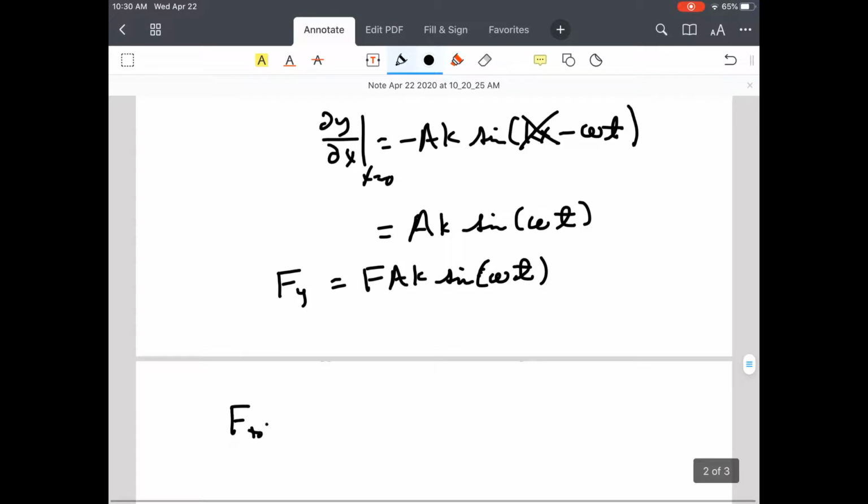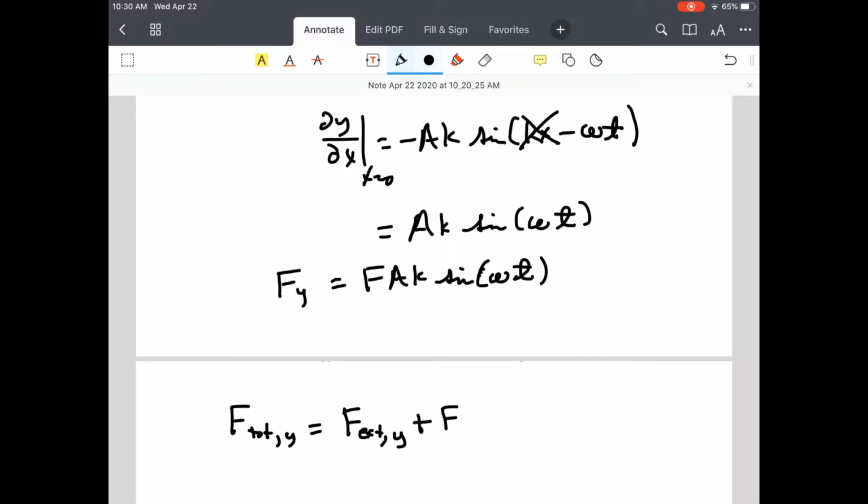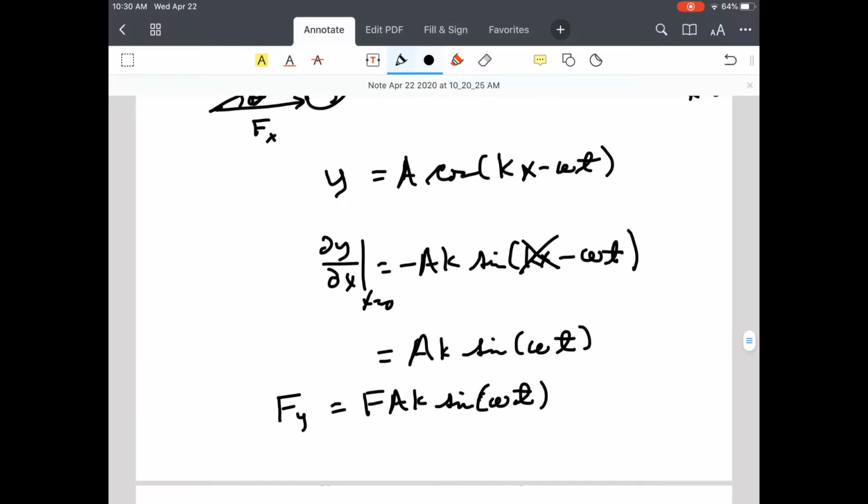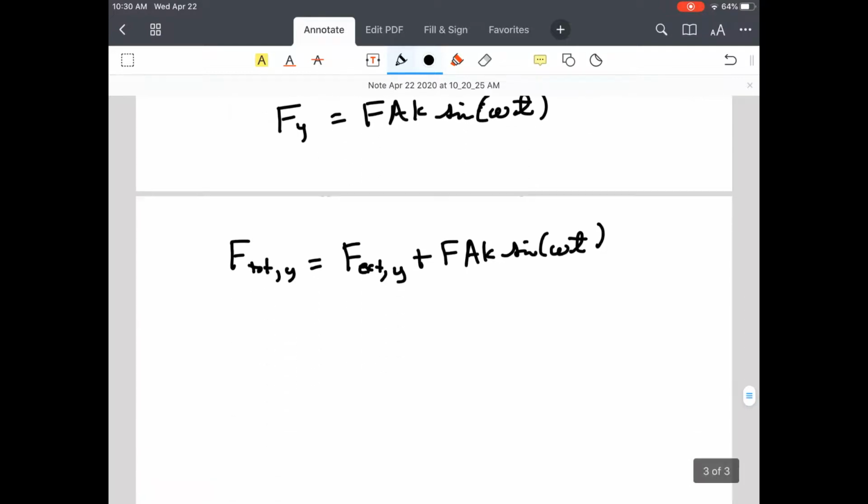Meaning that the total force in the y direction is the applied force, F external y, plus Fy of the string, the tension force, which is Fak sine omega t. I should maybe mention this is negative ak sine negative omega t. Sine negative omega t is negative sine omega t, so those negatives cancel out. That's why I get a positive number here.